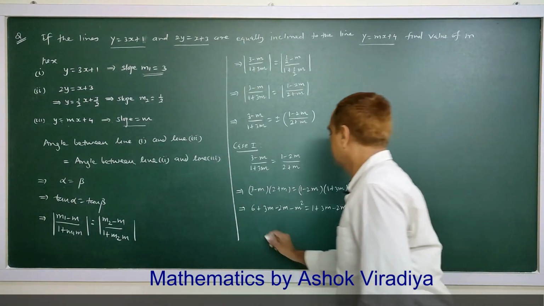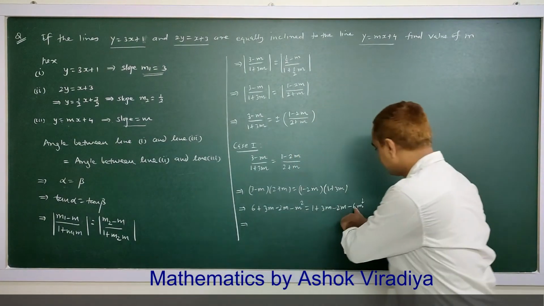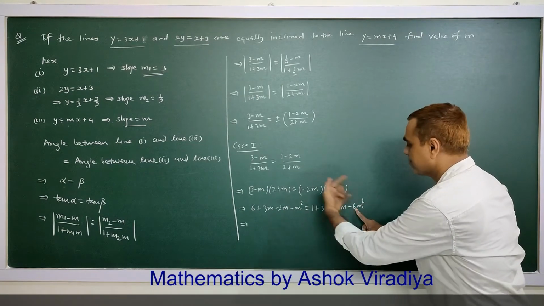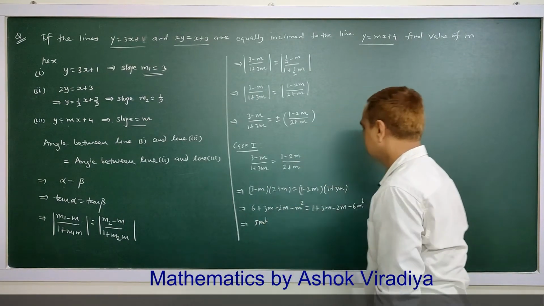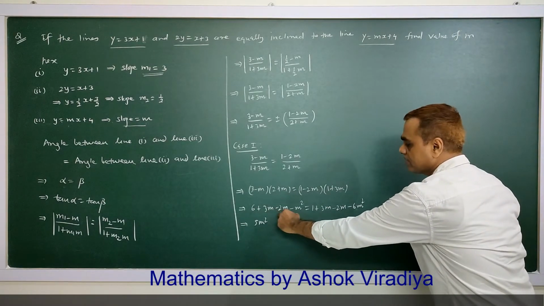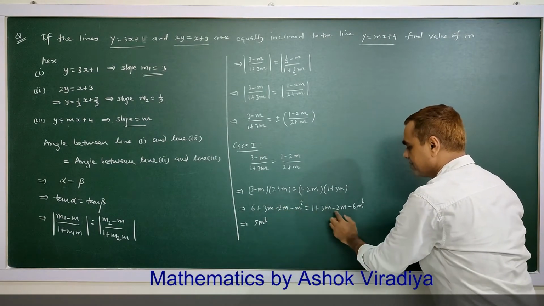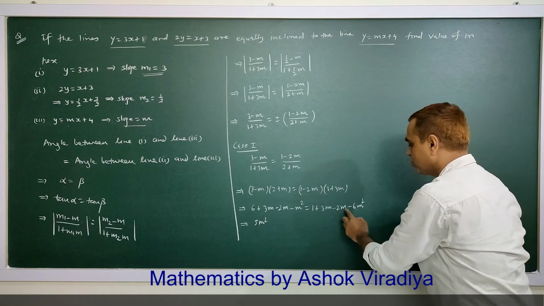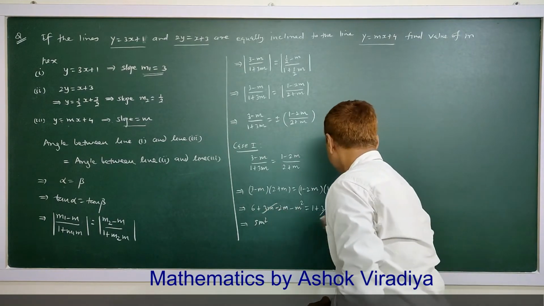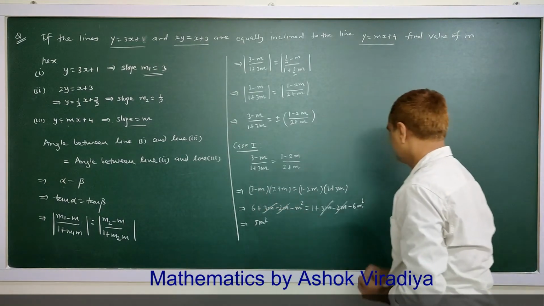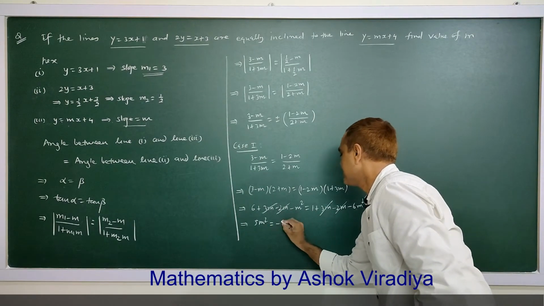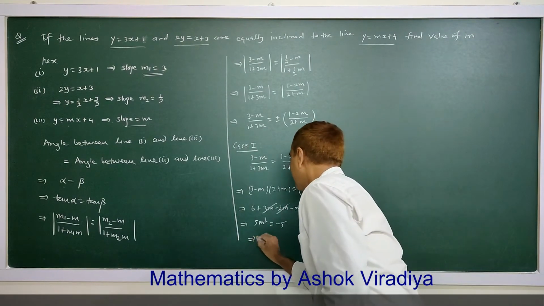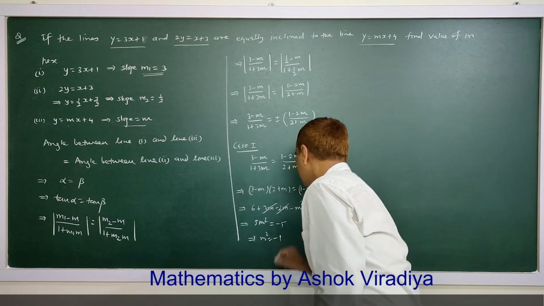Now see, minus 6m square I am taking on this side. So 6m square minus m square, that is 5m square. 3m minus 2m is plus m, and m on this side, so this is cancelled. So 5m square is equal to 1 minus 6, which is minus 5. So m square is minus 1.